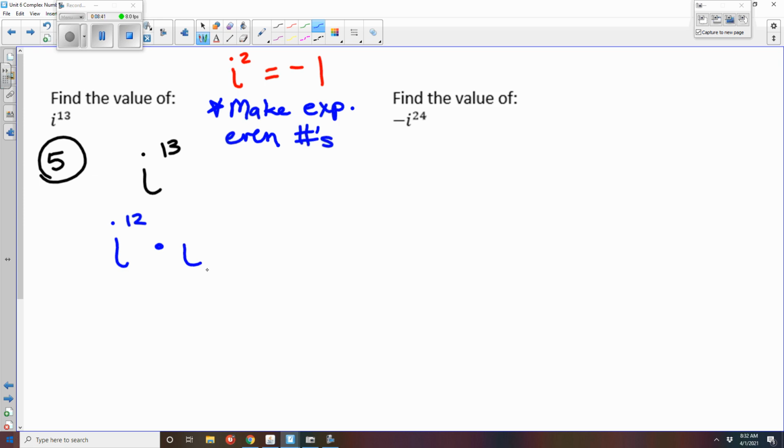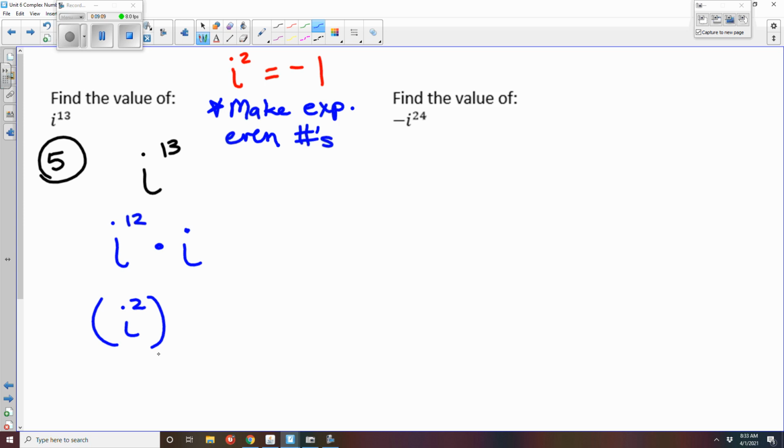This goes back to your monomial rules, knowing that i to the 12th times i to the 1st actually makes i to the 13th. So all we've done so far is pull out that one extra i in order to make it an even exponent. Now here's where we go back to another monomial rule. I'm going to write i to the 12th as i squared, wrapped in parentheses. So I'm going to make i to the 12th become i squared.